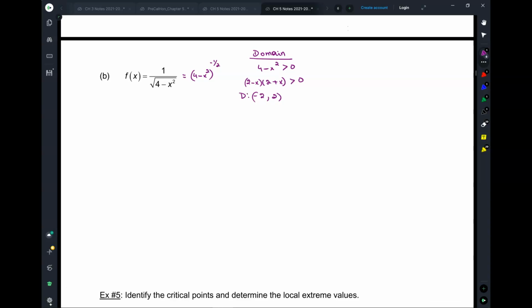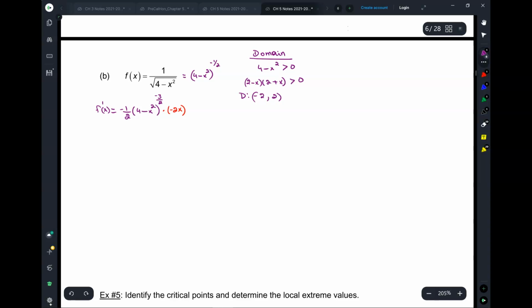Okay, now let's take a derivative. F prime of x is the negative half comes down, 4 minus x squared to the power of negative 3 over 2, times the derivative of the inside, which is negative 2x.